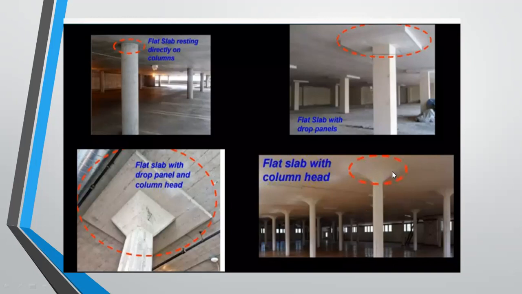And in the fourth, we have both drop panel and column head. The drop panel plays a very significant role in increasing the overall capacity and sturdiness of the floor system. That's why we provide drop panels and column heads. Thereby it enhances the capacity of the construction when subject to vertical load.